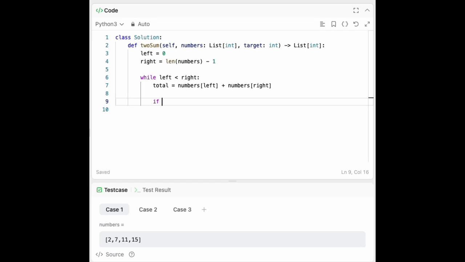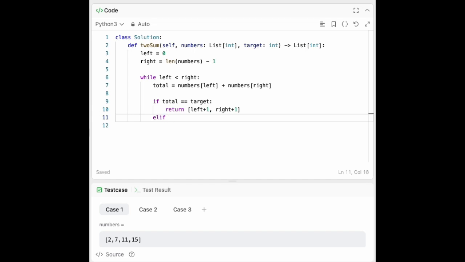And then we go, well, if the total is equal to our target that they've given us, that means that we can return the indices, right? So left plus 1, because remember, in the instructions it said return the indices of the 2 numbers added by 1 as an integer array of length 2. So that just means we add 1 and we're expecting 2 values. Then we go right, the same thing.